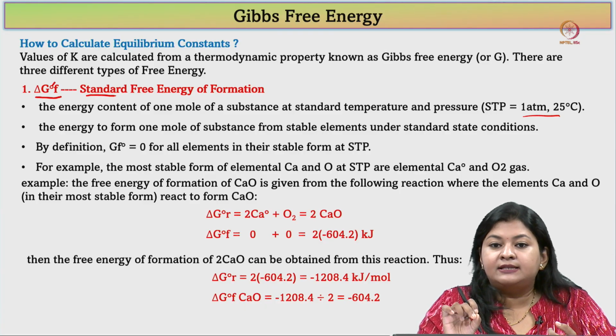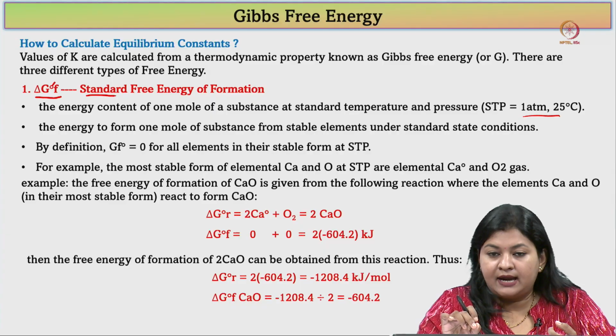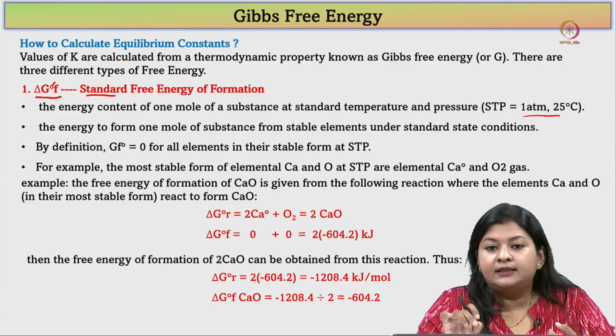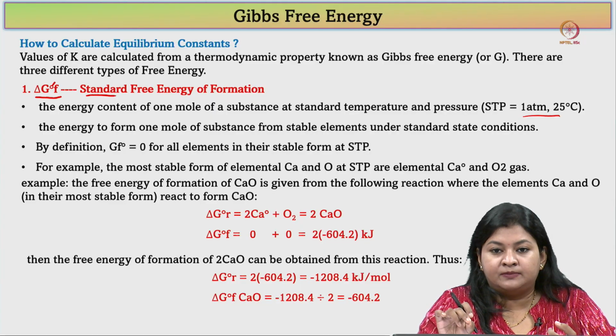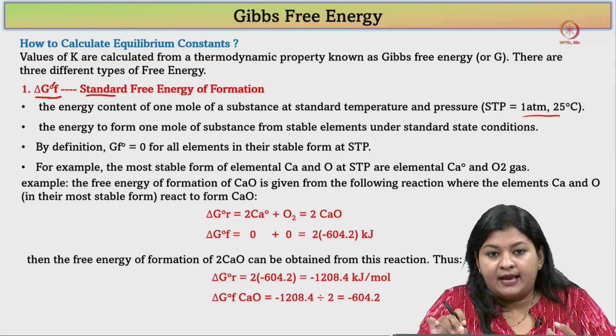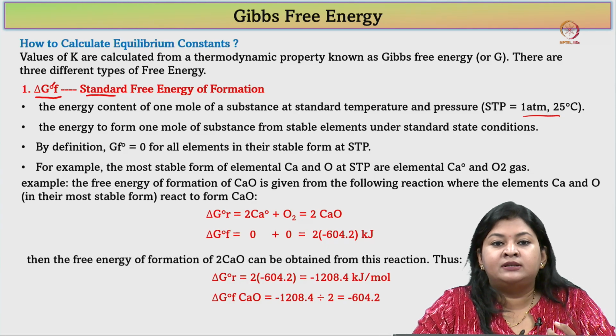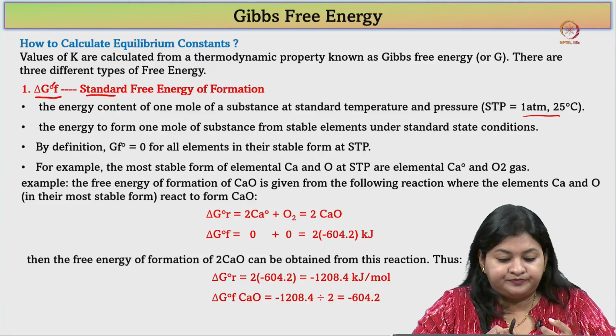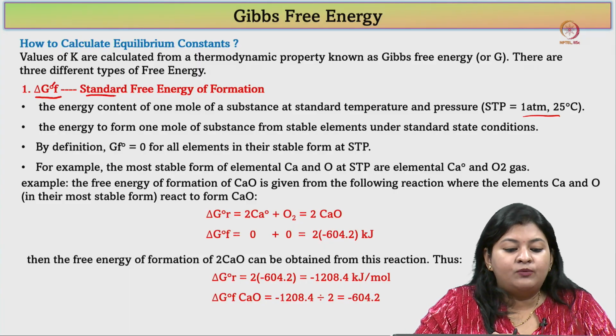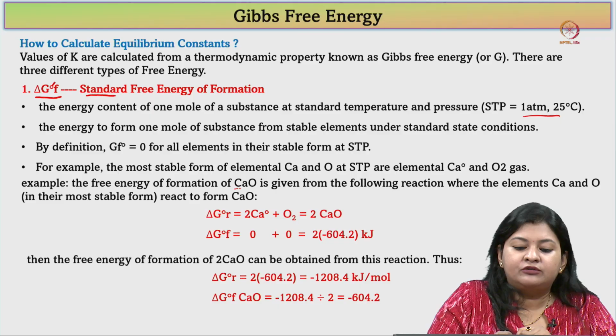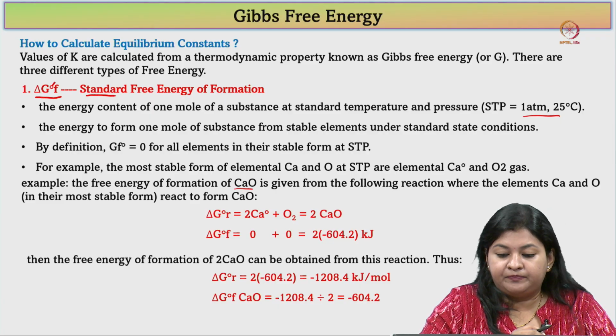Oxygen is stable as oxygen gas at STP. That is the most stable form of oxygen. For O2 gas, the GF 0 value is equal to 0. Now, what is the free energy of formation of calcium oxide?